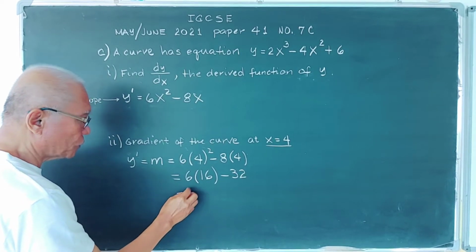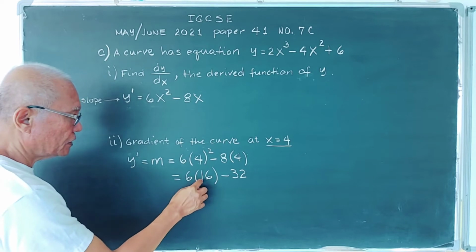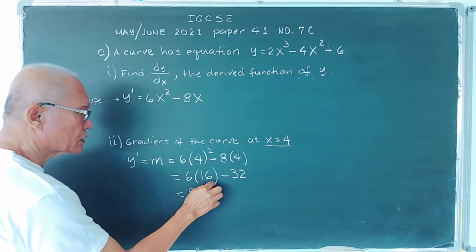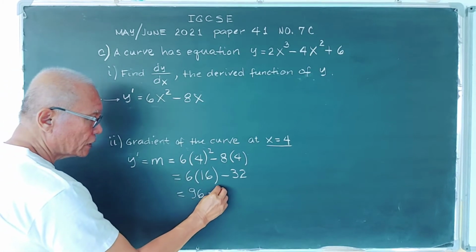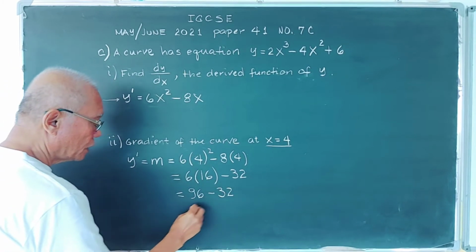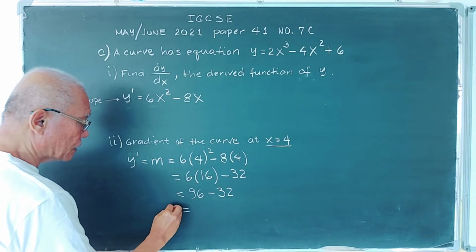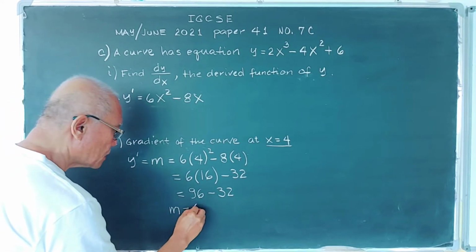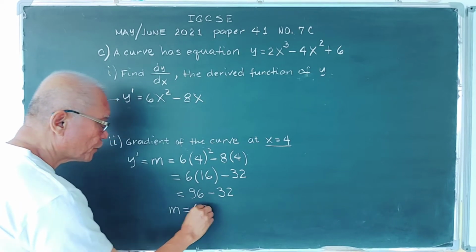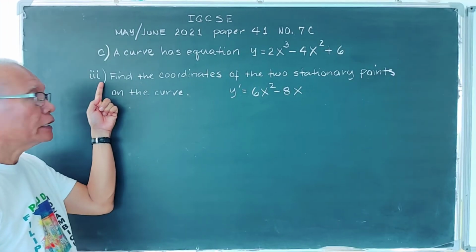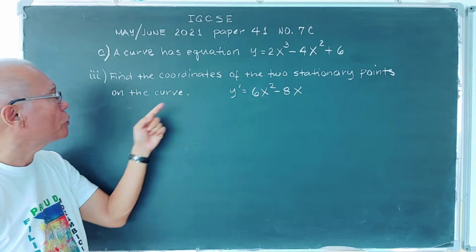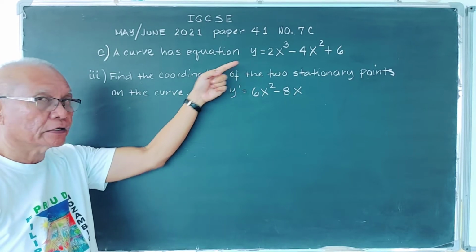Is equal to, you can multiply now. 16 times 6 is 96. Minus 32. Therefore, our slope m is 64.